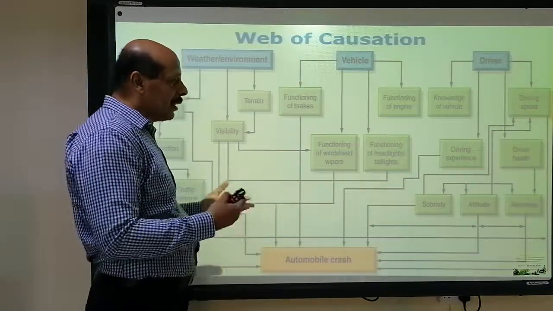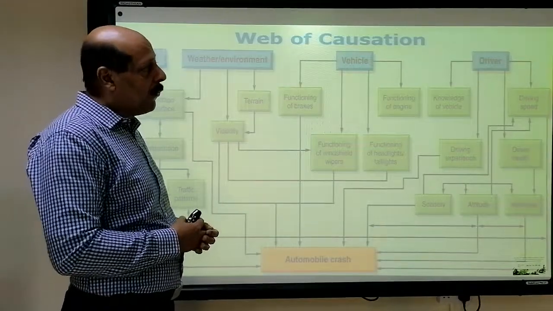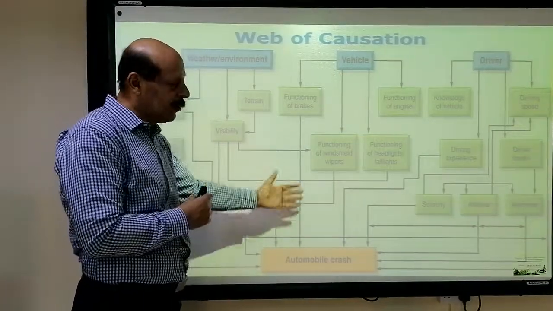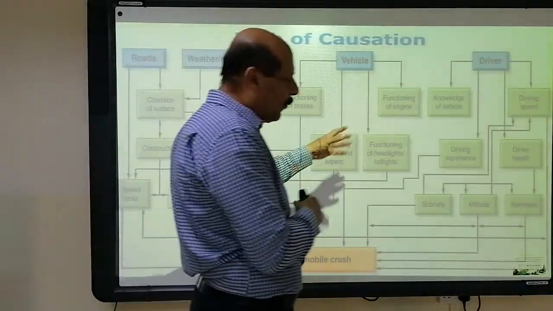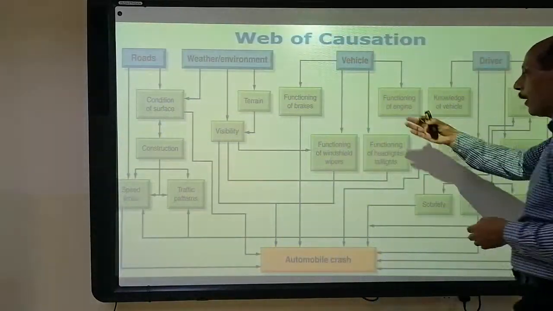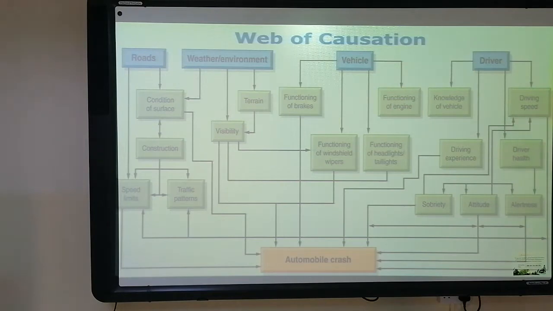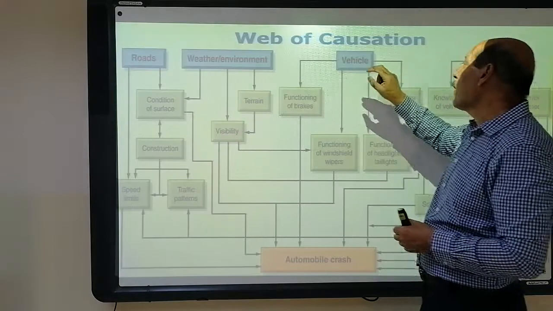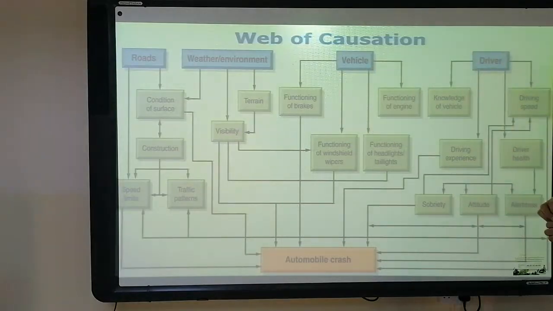If any of these functions improperly, it will lead to more accidents. If we check it regularly and maintain it, it will prevent accidents. Then we come to the driver. So in a road traffic accident, we have the road, the weather and environment, the vehicle, and the driver.